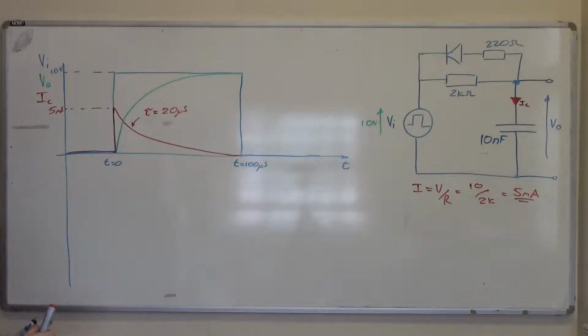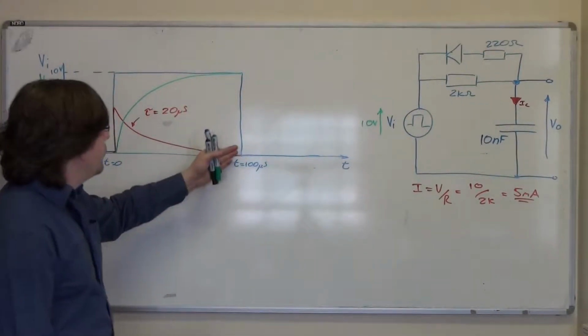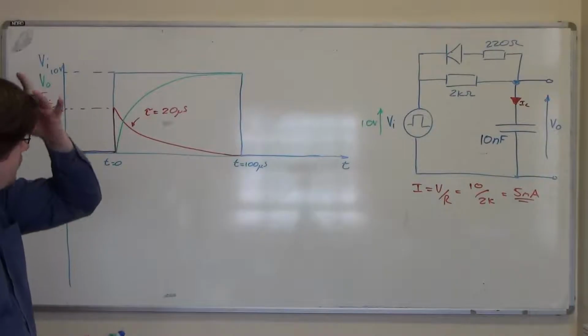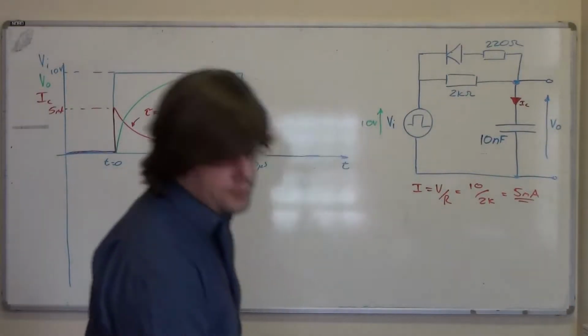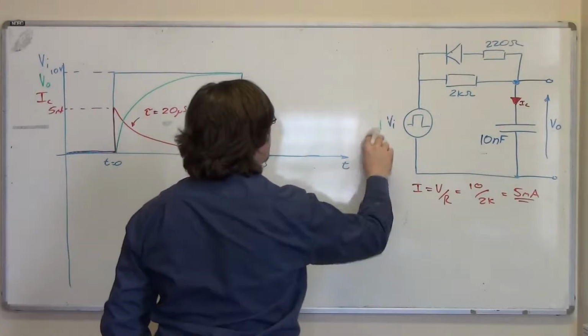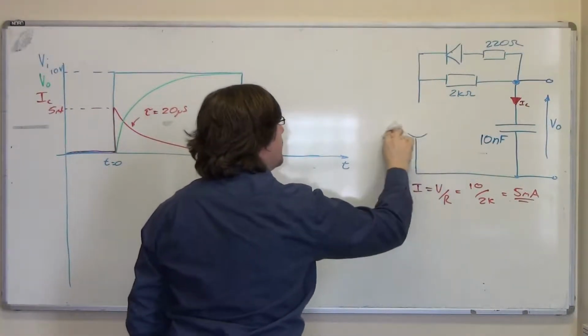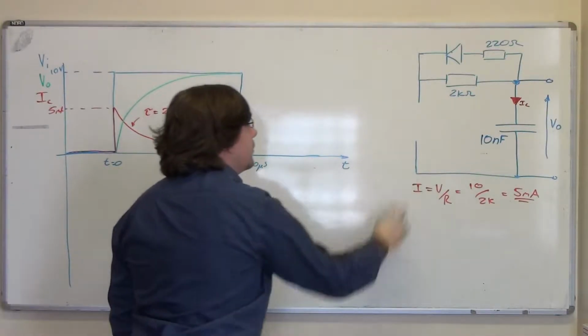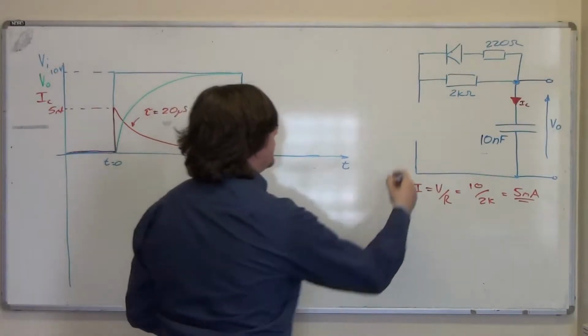What happens thereafter? Well, at this point we essentially switch off the voltage source, and when we switch off the voltage source we can replace it by its internal resistance, which in this case is a short circuit because it's perfect, no internal resistance or anything.